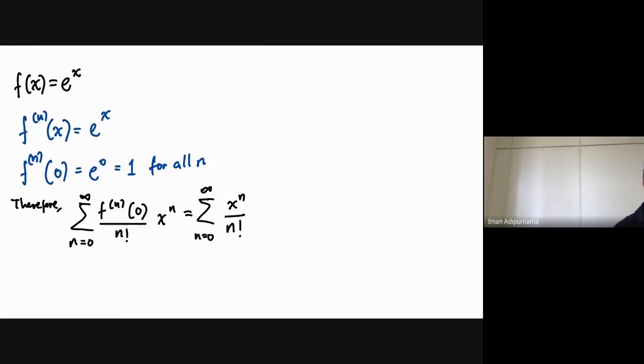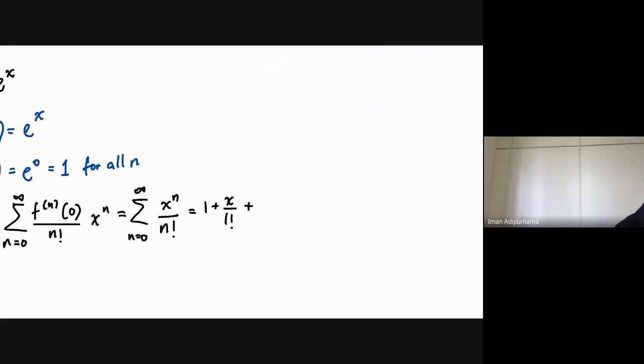And that is 1 plus x over 1 factorial plus x squared over 2 factorial plus x cubed over 3 factorial plus and so on.